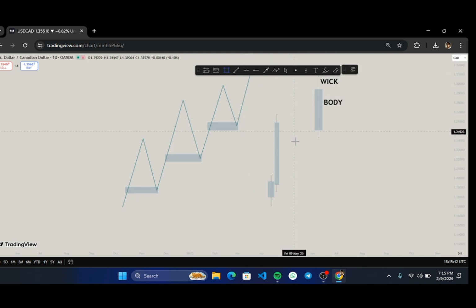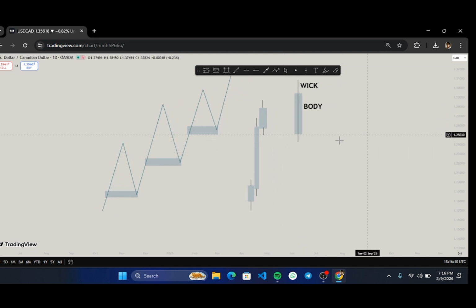And from the upper zone, there is also another candle here. So this is an example of a demand zone.